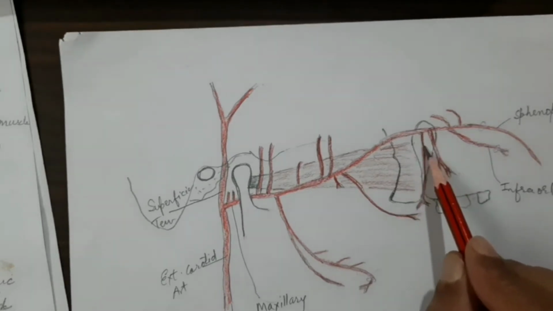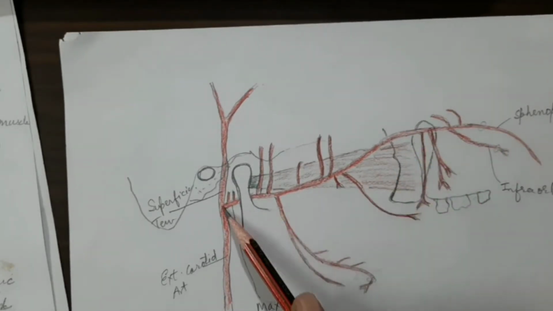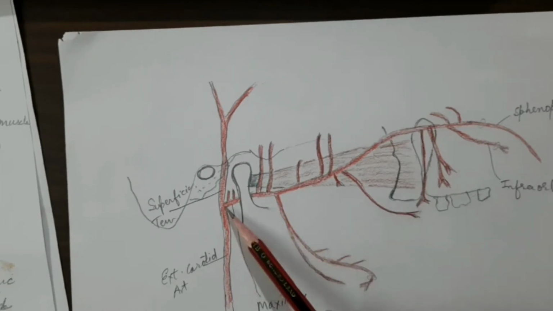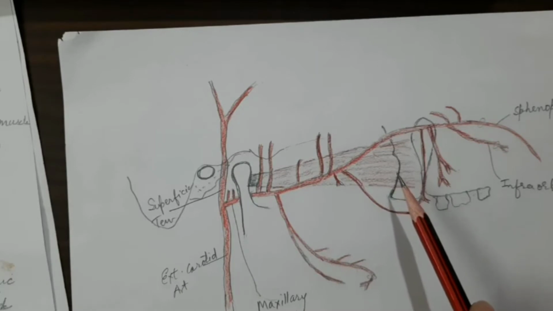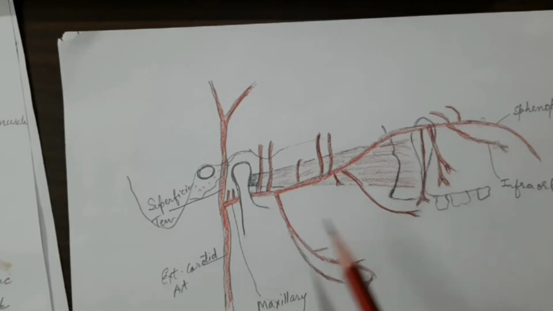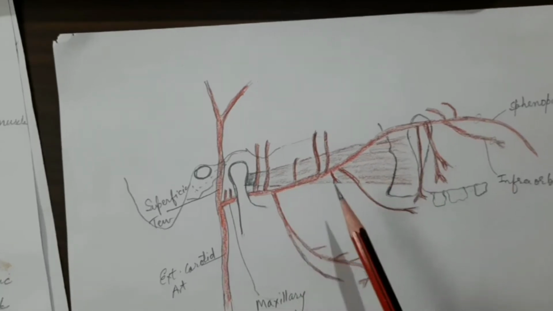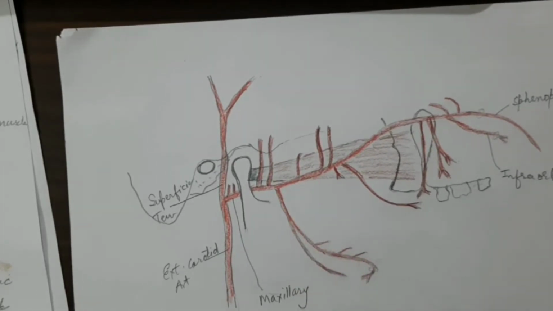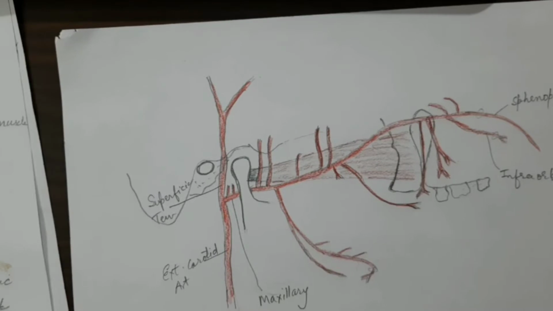So from here to here is its extent. The artery extends from the neck of the mandible to the pterygopalatine fossa, and it is divided into three parts.